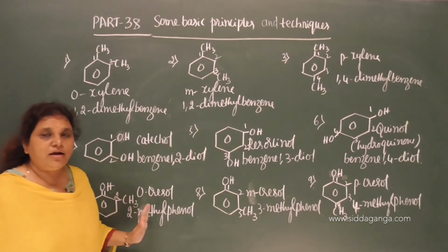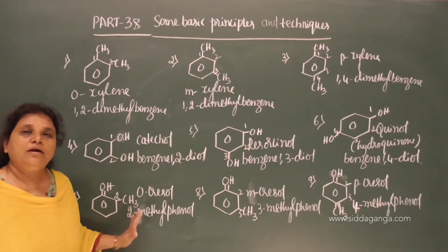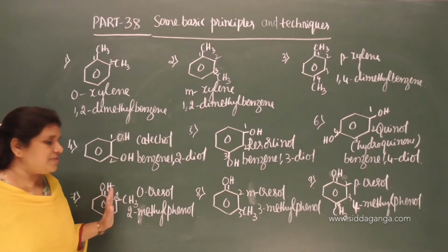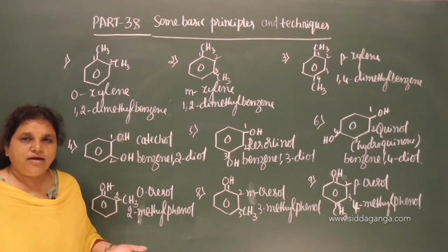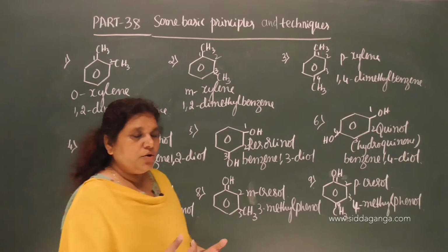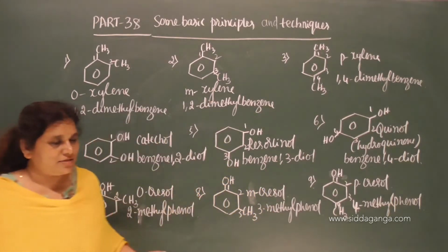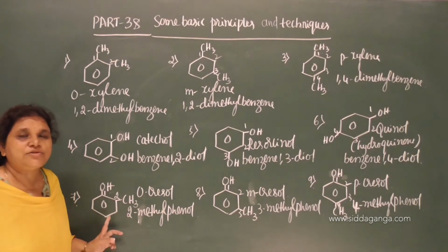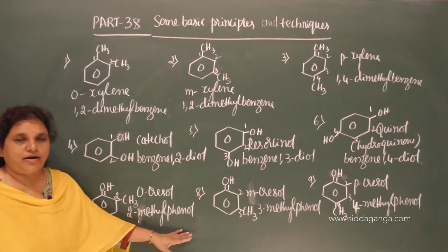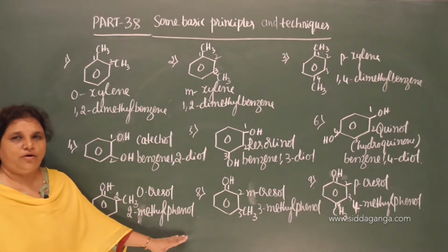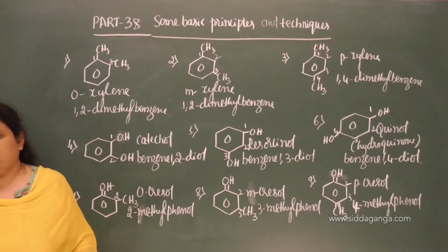You can even take the special names of the compound as a root word. For example, if a CHO group is there, you can take the root word as benzaldehyde. If a COOH group is there, you can take benzoic acid as a root word. As the OH group is directly attached to the benzene ring, I took the root word as phenol here. Okay. So these are disubstituted compounds.